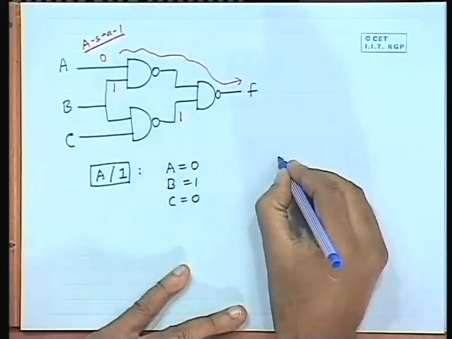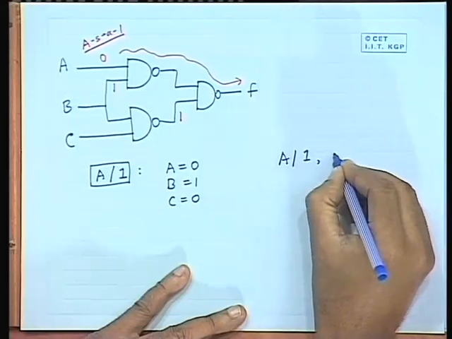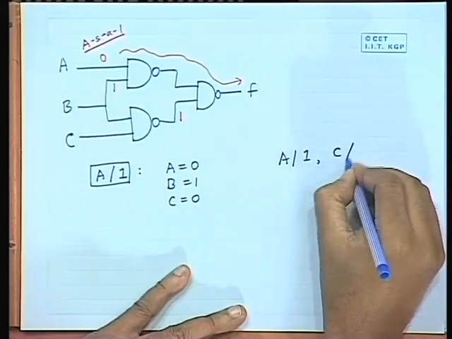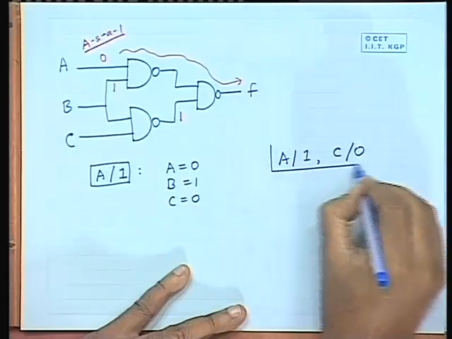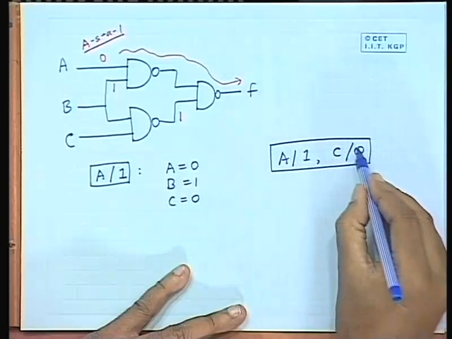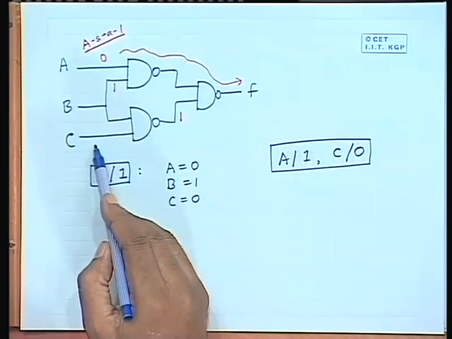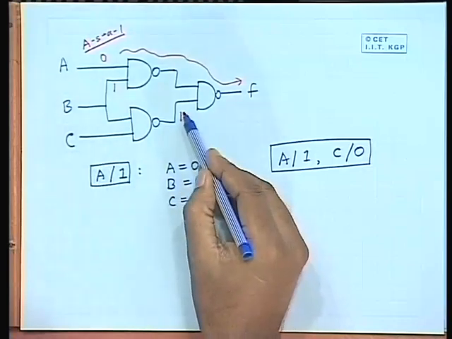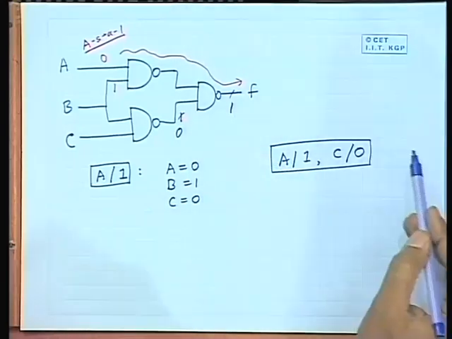Now, suppose in addition to A stuck at 1, I have another fault which is also occurring, C stuck at 0. So, what I am saying is that if we want to also detect C stuck at 0, then the line C has to be put at 1. This 1 will make this line at 0, which will in turn make the line of F at 1.